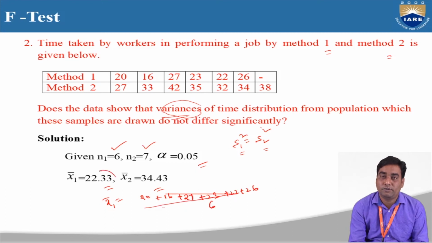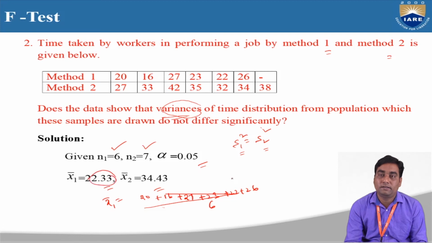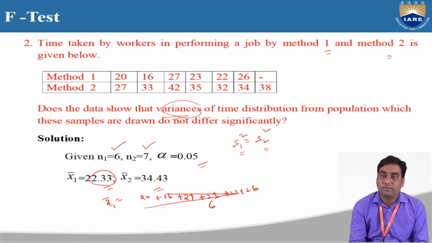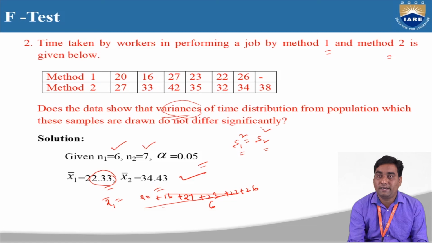This value we are going to get 22.33. Similarly, you can find X2 bar value like this: 27 plus 33 plus 42 and so on 38 by 7, number of samples 7. If you simplify it, we are going to get X2 bar.